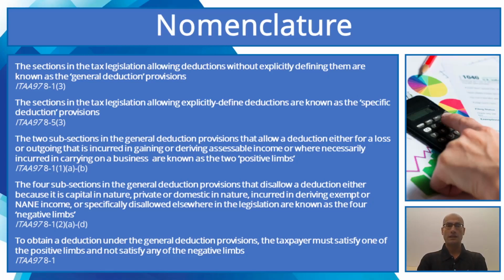And each of those two have their own particular rules. And for the purposes of this recording, the rules for general deductions in 8-1 are mapped around a series of what we call limbs.